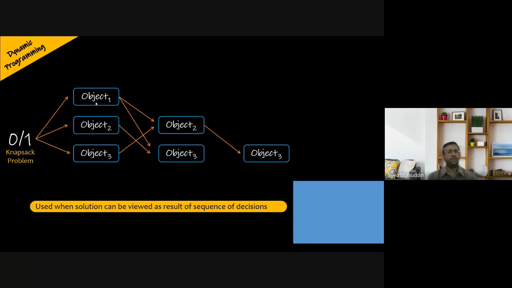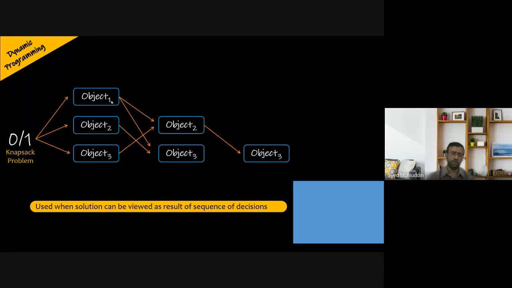Now, let us consider this. Let us revisit this knapsack once again. If at the first stage we choose object 1, then in the next stage we can choose object 2 or object 3. That is why there are two arrows going. Now in the next stage, if we choose object 2, in the third stage we can choose object 3.